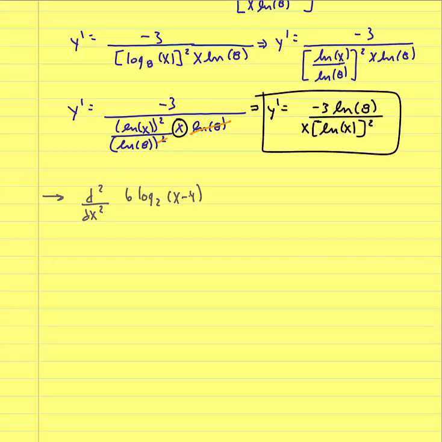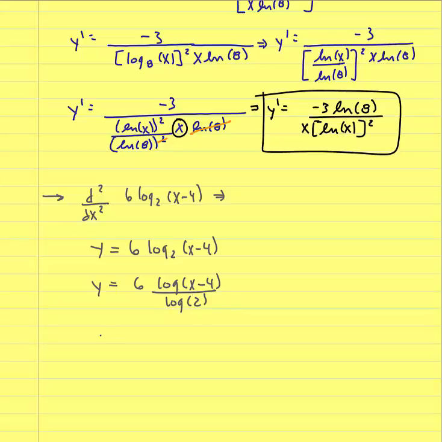Now before we even got started, if we wanted to, we could rewrite this. So my function is y equals 6 log base 2 of x minus 4. And I could go through and take the derivatives, but if I wanted to, I could rewrite this. This is the log of x minus 4 over the log of 2. Now remember, if you don't have a base, it's an implied 10 common log.